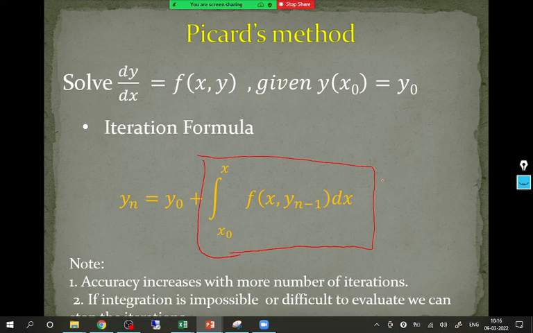That time we stop the iteration and we take whatever the previous iteration we integrated, that is our final solution. Got it? Yes. By example it becomes more clear. When we see the example, it becomes more clear there. Okay, come to the questions now.